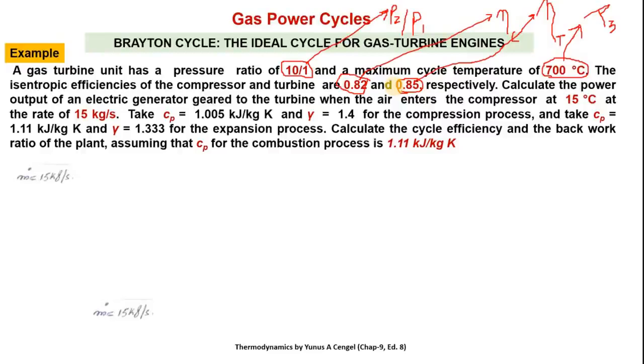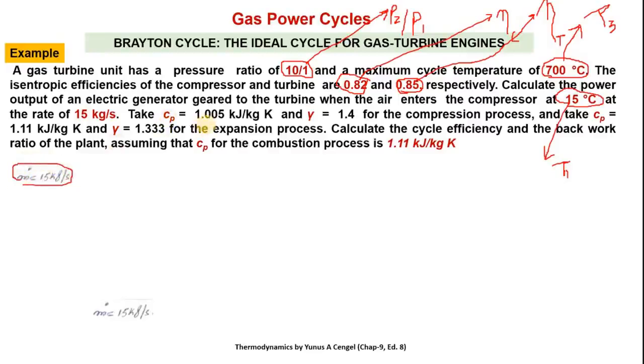Next is to calculate the power output of an electric generator geared to the turbine when the air enters the compressor at 15 degrees Celsius, so at the inlet of the compressor, the very starting point, that is T1, at a rate of 15 kilograms per second. So fluid is flowing through this turbine at a rate of 15 kilograms per second.